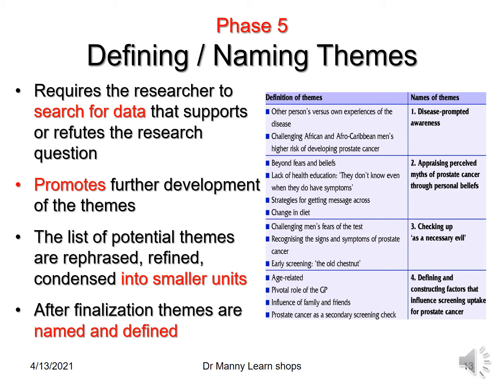It promotes further development of the themes, and the list of potential themes that you've got are rephrased, refined, condensed into smaller units, because let me tell you, you're going to have a lot of themes, hundreds possibly, that you need to refine into smaller themes, subcategories, categories. And after finalization of these themes, you name them and you define them, what they are.